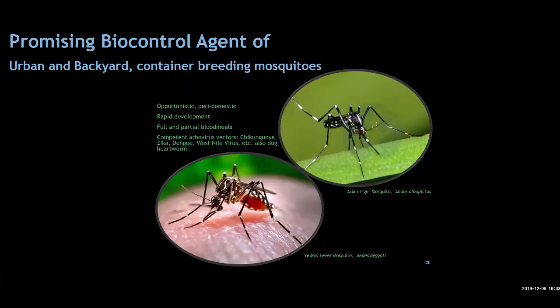All right, so now why would we even want to go through that trouble to keep those cages of 1,000 to produce 200,000 eggs a year? Well, here in Harris County, Southeast Texas, we do have a problem with biting mosquitoes that also overlap in the same type of containers.